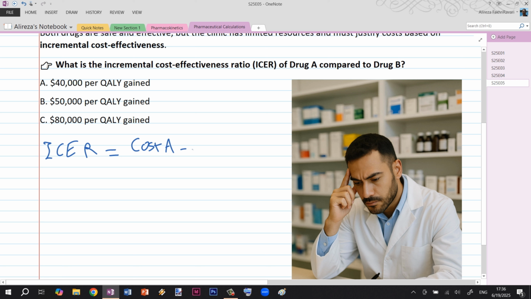And then you say minus cost of drug B. And you divide that, and in the denominator, you're going to have the outcomes that are linked to each drug. In this case, the outcome is reported as quality adjusted life year. So for drug A, you put quality adjusted life year for drug A, and you subtract the same thing from drug B.